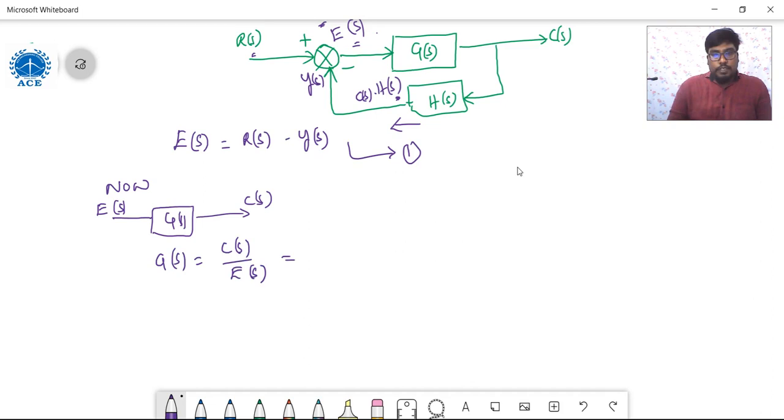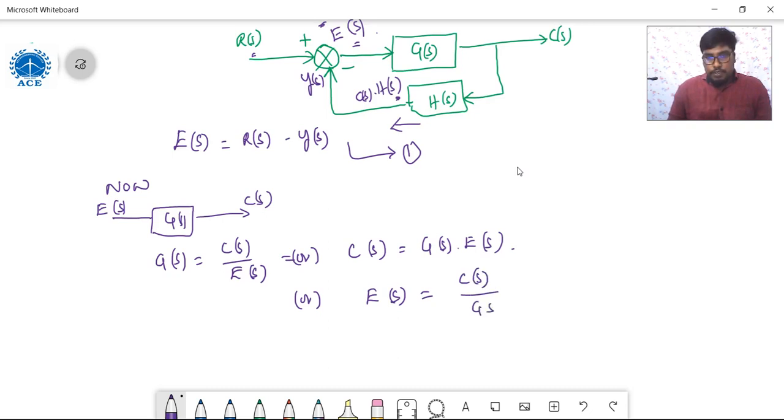So I can write C of S is equal to G of S into E of S, or E of S is equal to C of S divided by G of S. Consider this as equation 2.